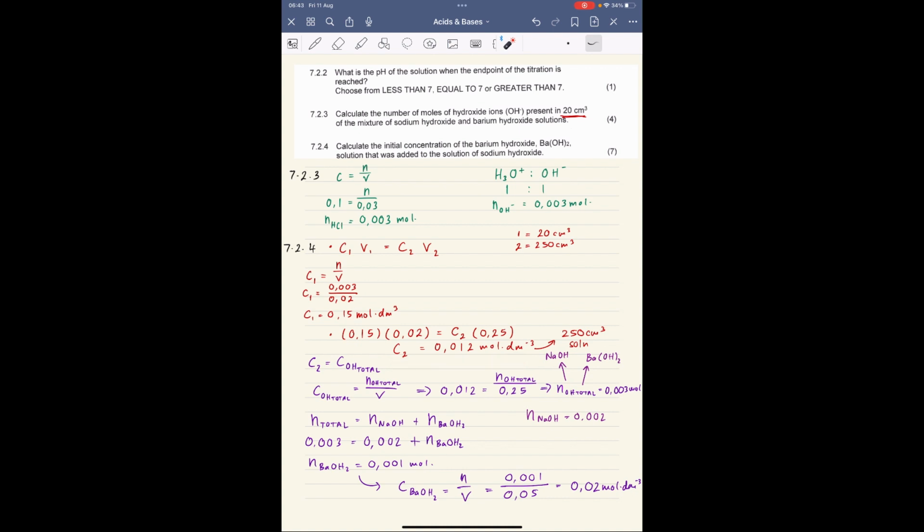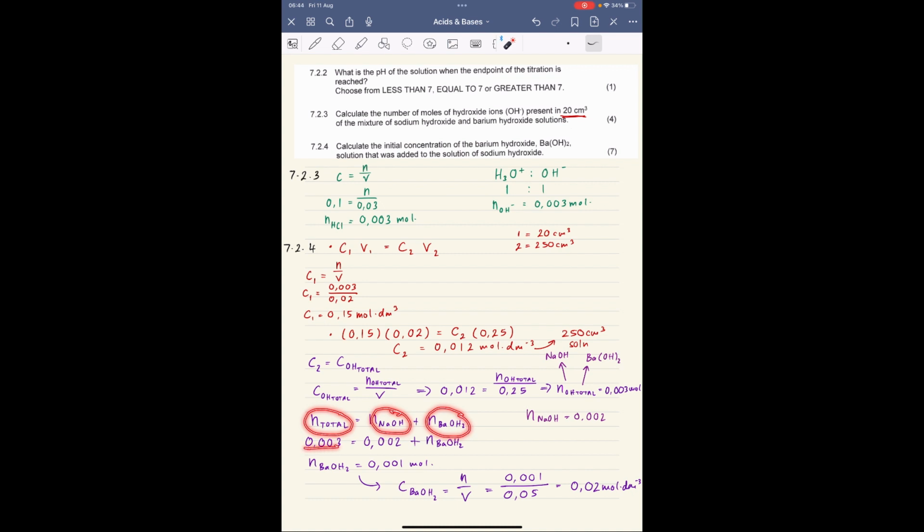After that, in 7.2.4, we carried on and said, I'm going to now find the moles of that OH. After I find the moles of OH, I will say that this is the OH total because this is the OH that is found in both barium hydroxide and sodium hydroxide. Now I know that the OH found in barium hydroxide and sodium hydroxide is equal to the moles of sodium hydroxide plus the moles of barium hydroxide.